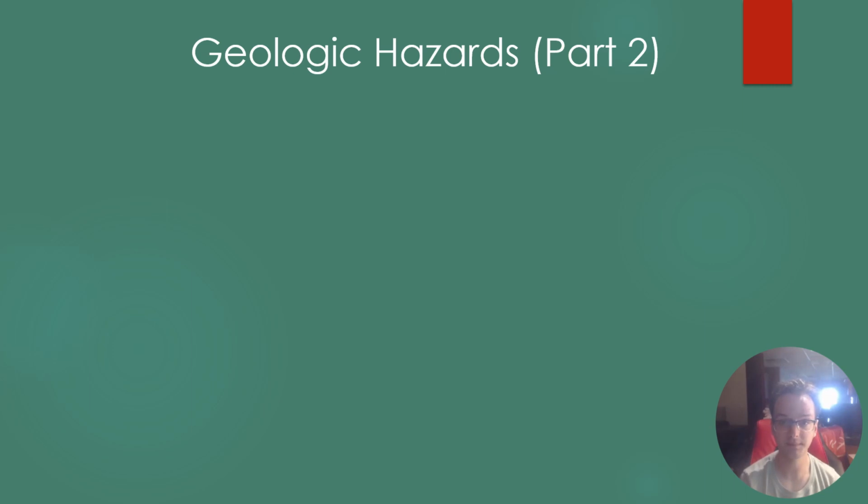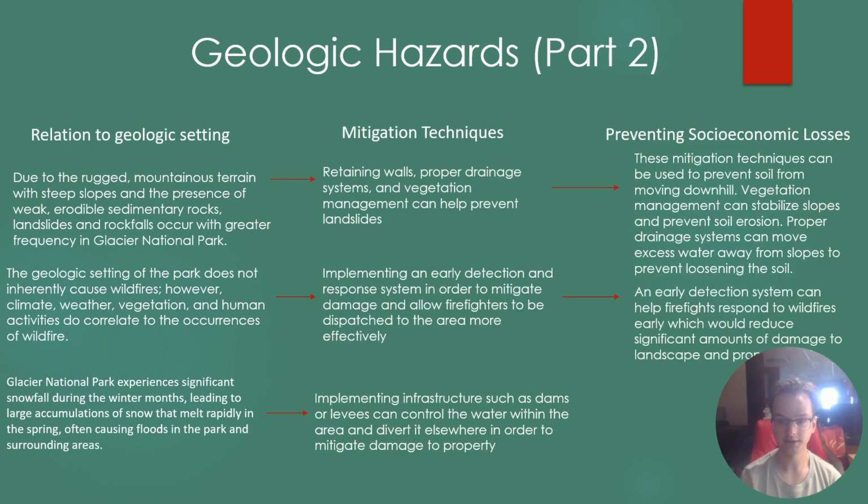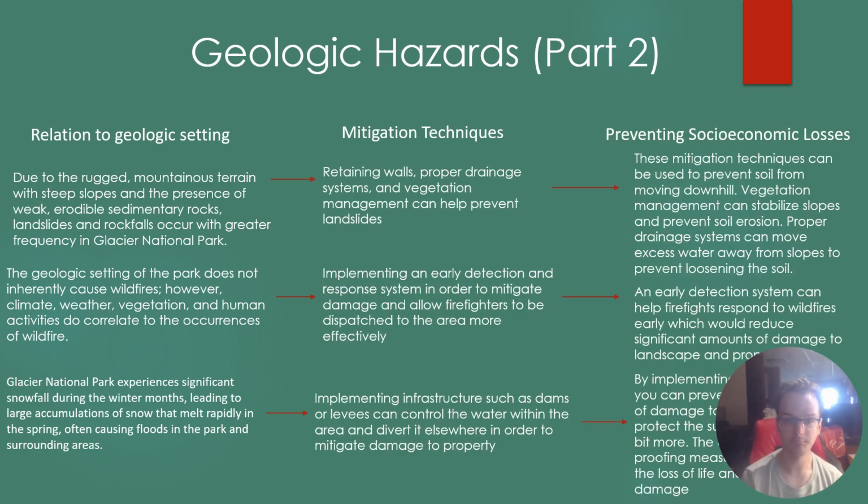On this slide, we're going to be talking about the mitigation techniques and how they relate to the geologic setting. With Glacier National Park, the rugged mountainous terrain and steep slopes ultimately cause landslides. In order to prevent these, we can put up retaining walls, implement drainage systems, and vegetation management.